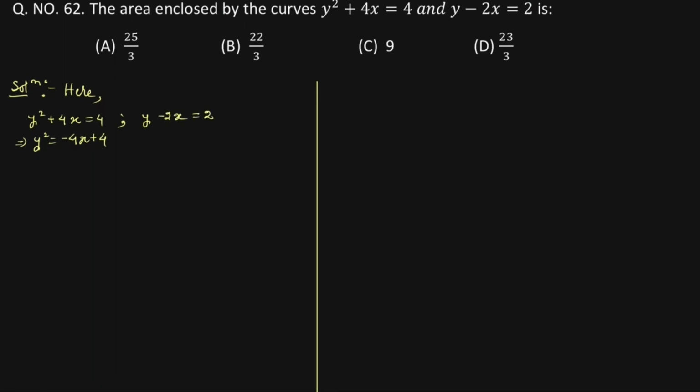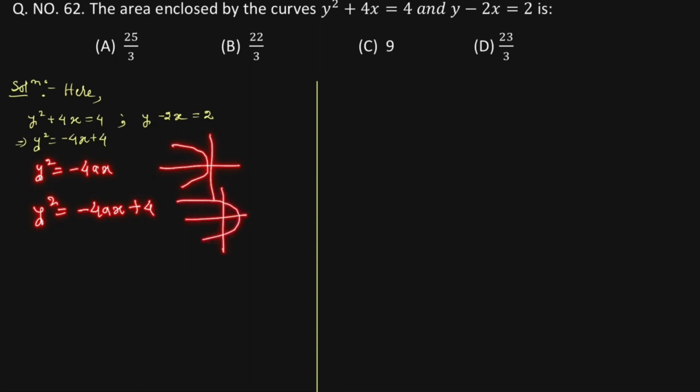We know that if the equation of the parabola is y square equal to minus 4ax, then we draw the parabola in that way. But when the equation is like y square equal to minus 4x plus 4, then we draw the parabola in that way.